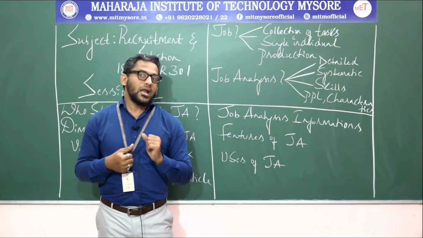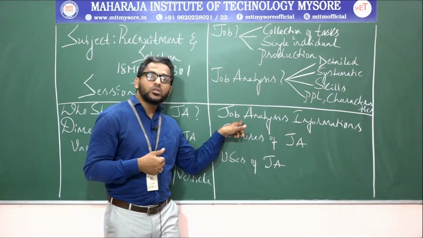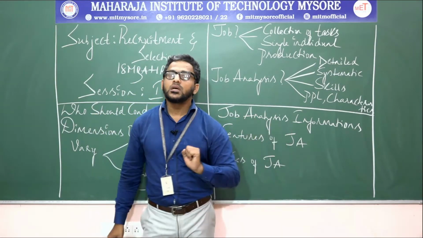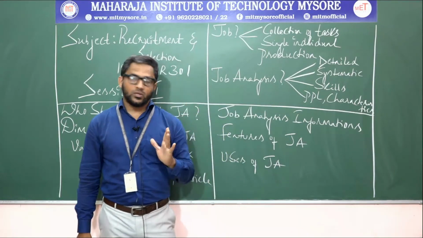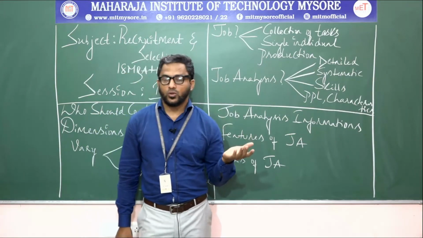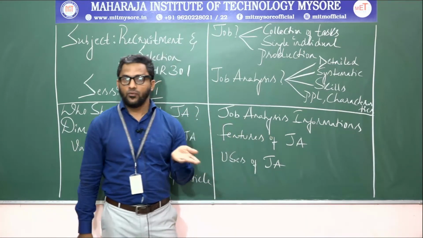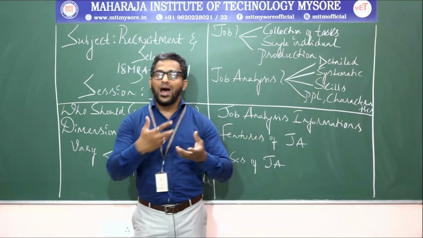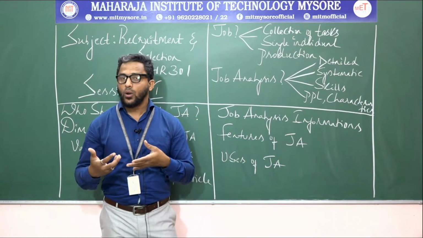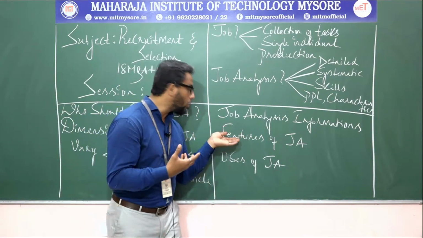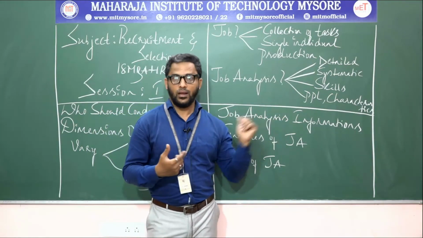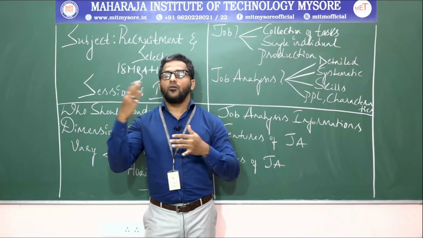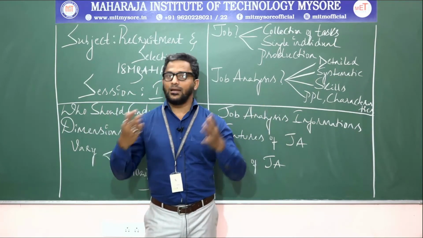And required personal attributes. Along with it, we also expect certain personal attributes, like attitude, as I told you now. Some intangible things are also required for job analysis information: attitude, behavior, interest, values, beliefs, norms. So never expect that we are only looking at the job specification of an employee's knowledge, skill and ability.